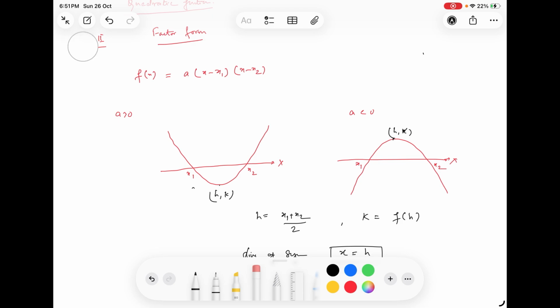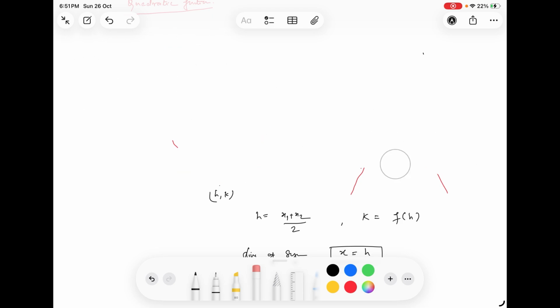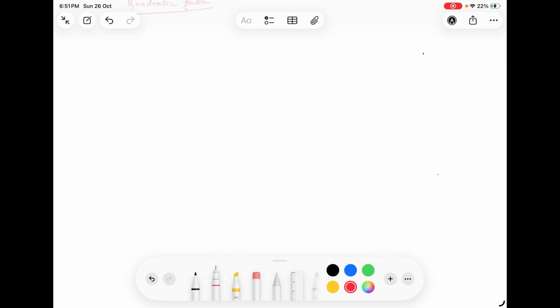Let us understand the third case, which is f(x) equals a into (x minus h) whole square plus k. This is known as the vertex form, as the vertex is clearly visible here, h comma k.